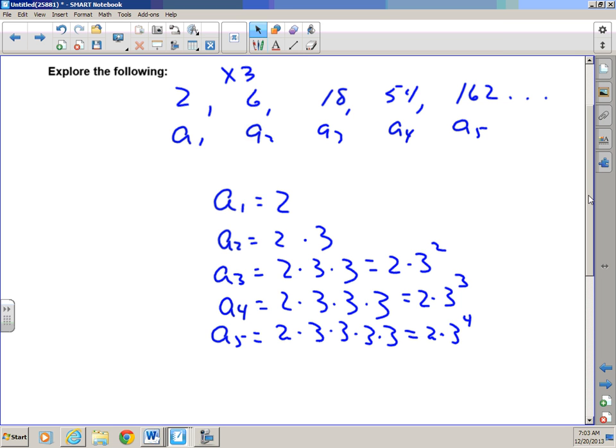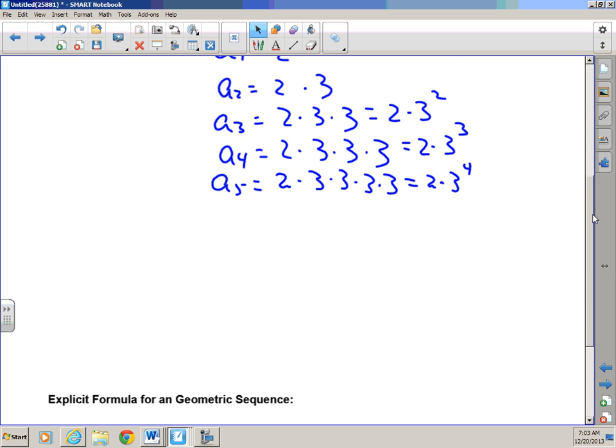So hopefully you'll see that what's happening here is that what we are doing to figure out a sub n is we're taking the first term again, we're multiplying it by the common ratio, okay, which in this case is 3, and we're raising it to a power of n minus 1. Okay? So that gives us our explicit formula for a geometric sequence.